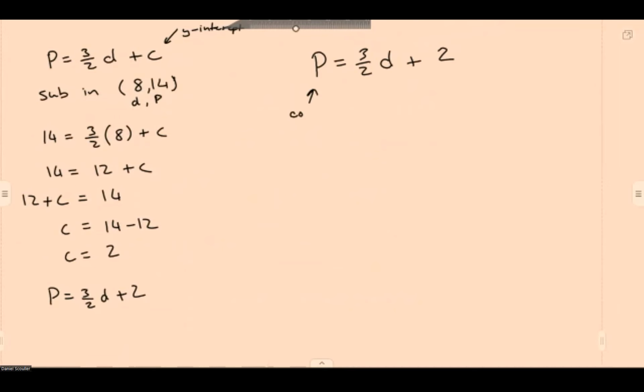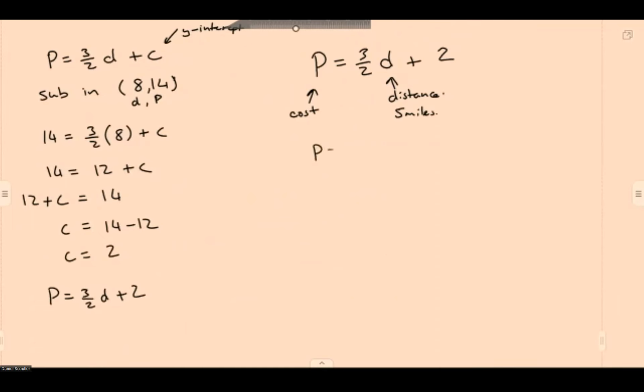P is the cost, D is the distance. We're being asked for the cost when we're going 5 miles. So we're taking that 5 miles and substituting it in where the D sits.